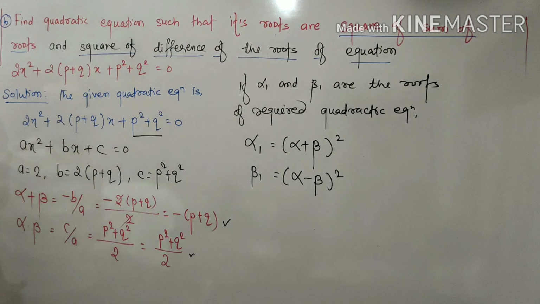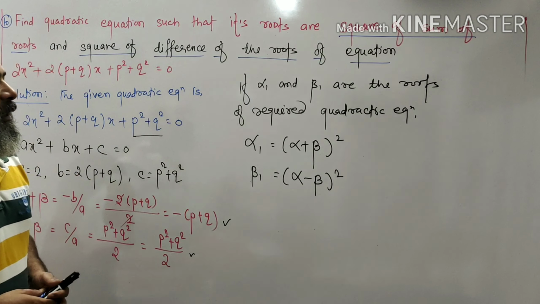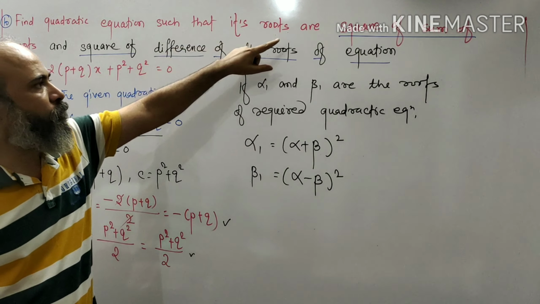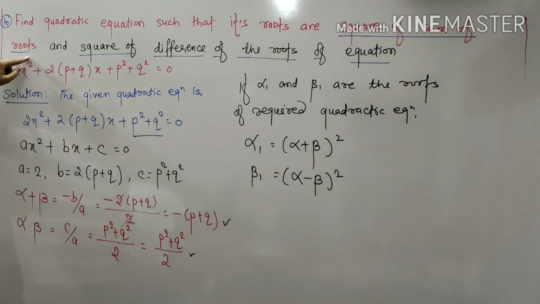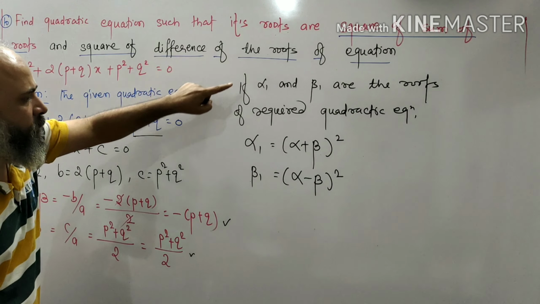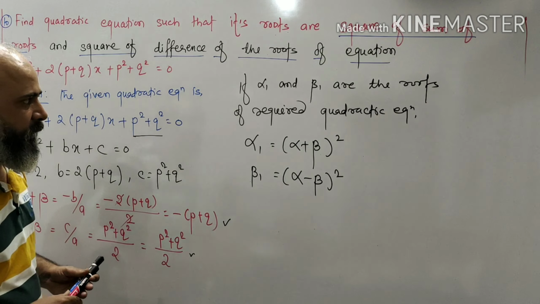Listen carefully. If alpha 1 and beta 1 are the roots of the required quadratic equation, then according to the question, alpha 1 is the square of the sum of the roots, alpha plus beta the whole square, and beta 1 is the square of the difference of the roots, alpha minus beta the whole square.